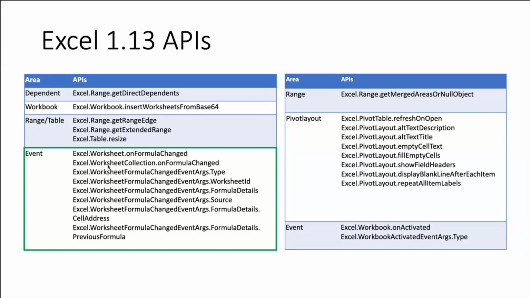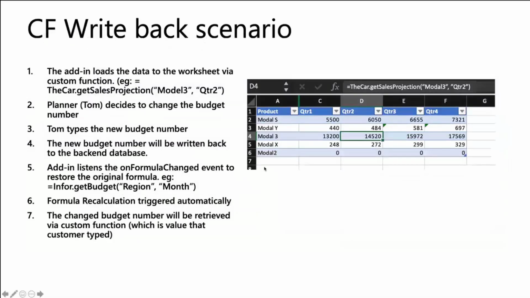Many of our customers and many of you have told us that write back is the most important scenario that you would like to enable in your add-in. So today I would like to introduce one write back solution, which is using a custom function. Here is an example that you might try out in your add-in.